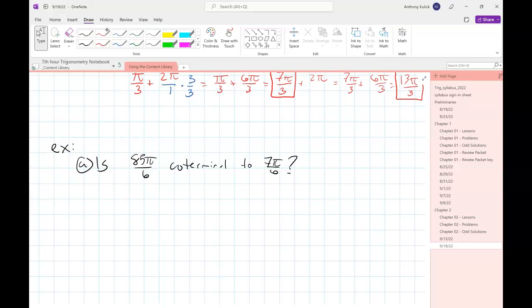What could we do? Do you want the easy way that's kind of sneaky or the obvious way that's a little bit more tedious? Okay, so the easy way that's kind of sneaky is to check to see if the difference between the two angles is divisible by 2 pi.